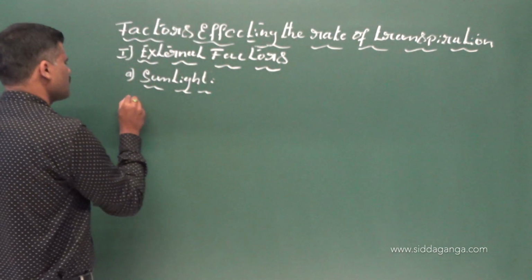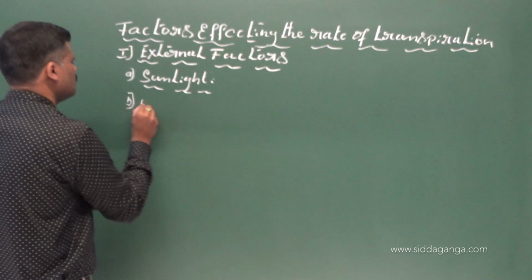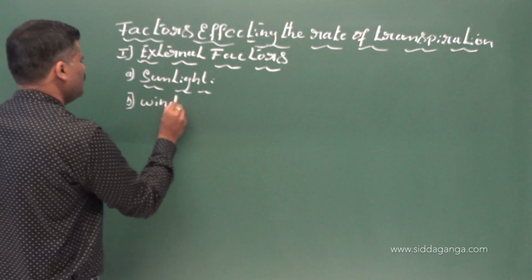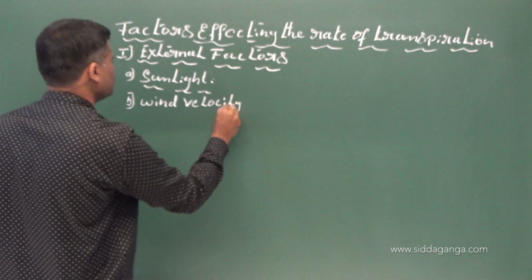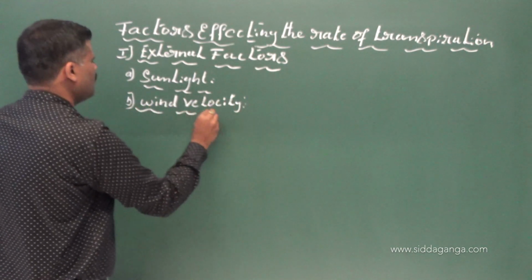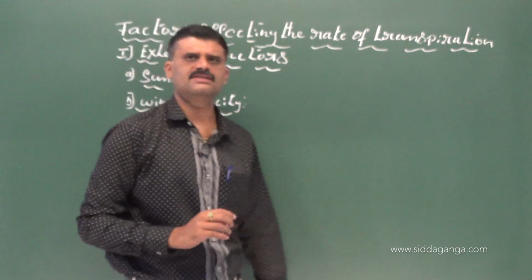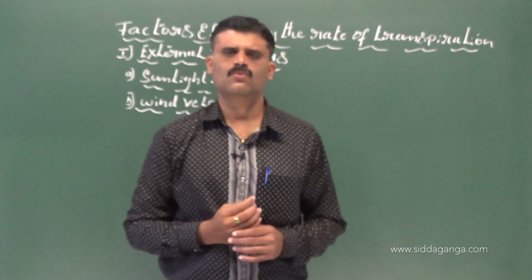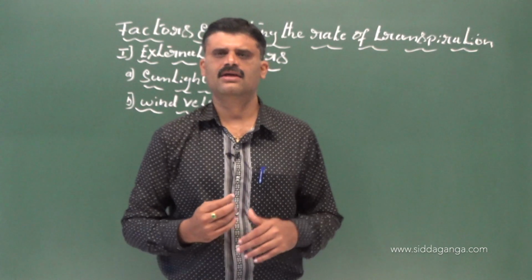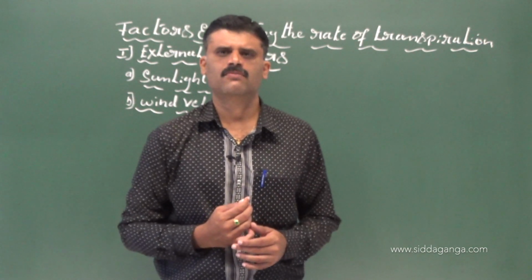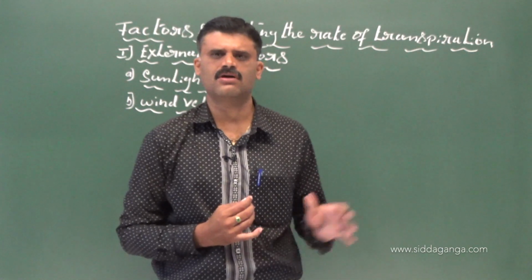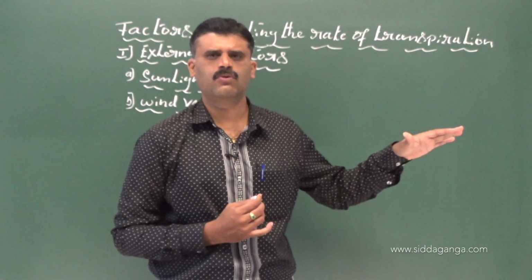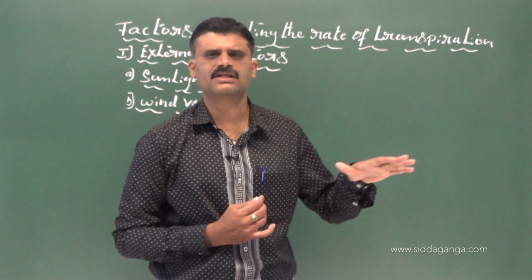Next, wind velocity. See, the plants which are growing in open field have more rate of transpiration, because in open field the blowing of wind, the wind velocity, is more.